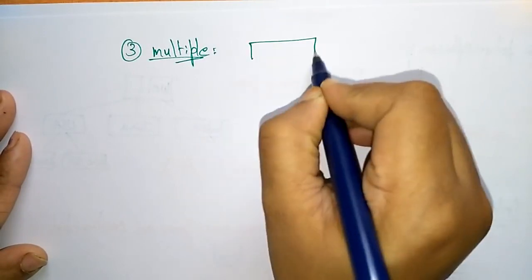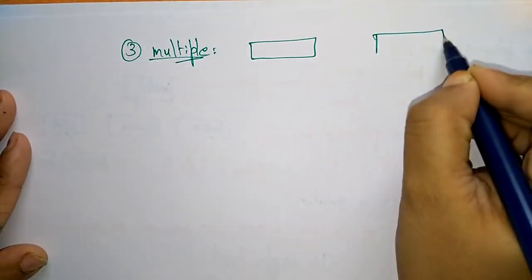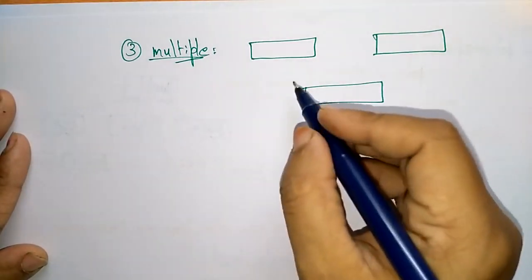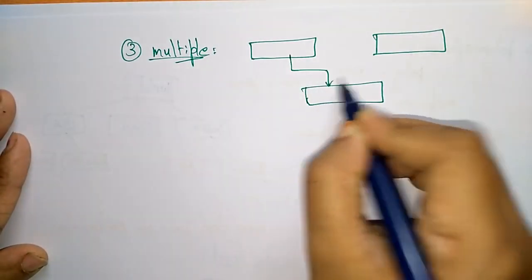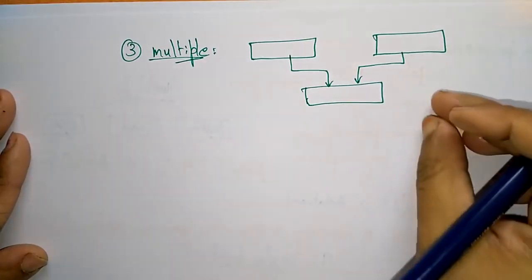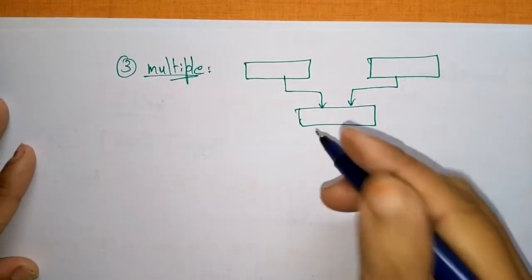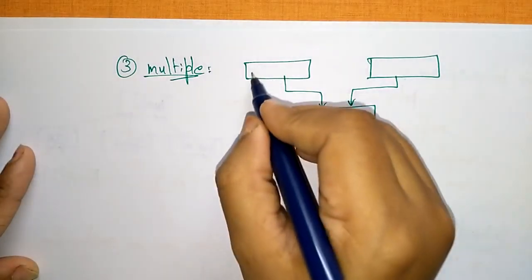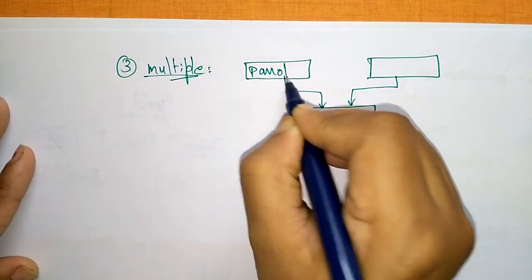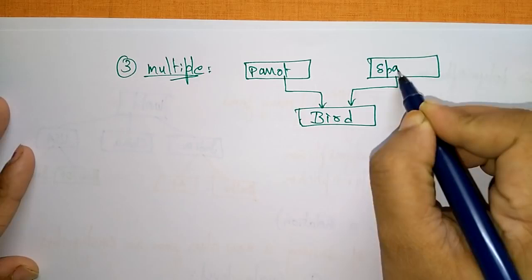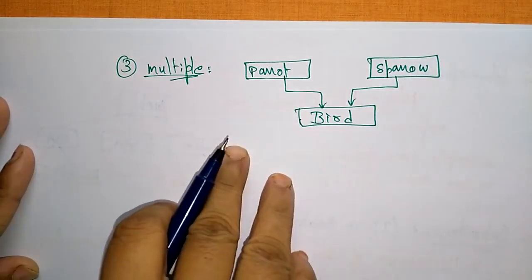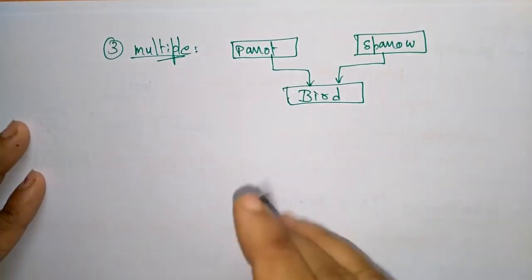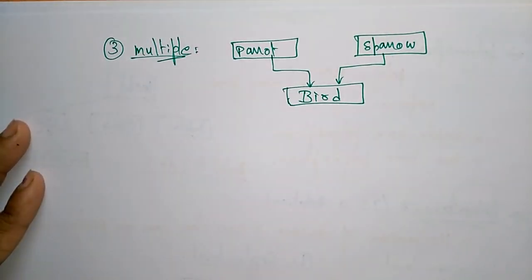Multiple is represented like this, with one base class derived by two derived classes. Here suppose you take bird. The bird may be a parrot or a sparrow. This is the way you express multiple inheritance. Next is hierarchical.